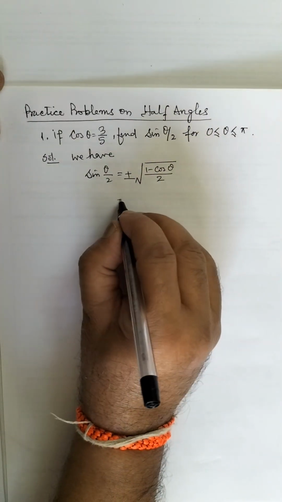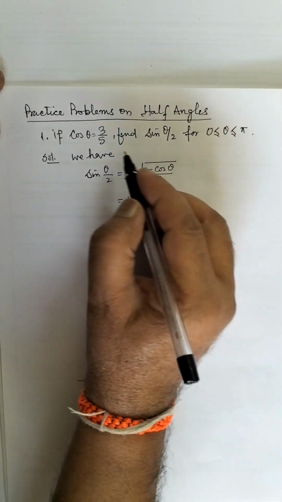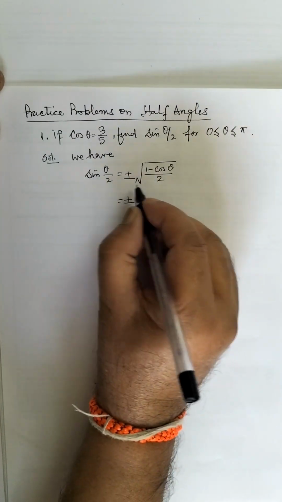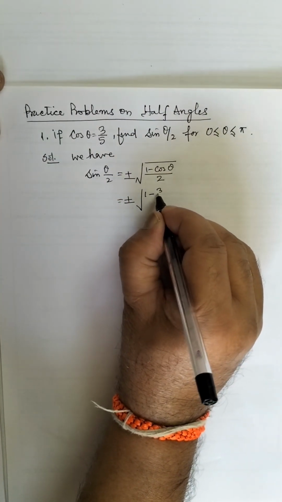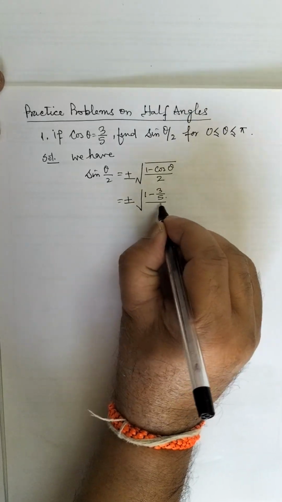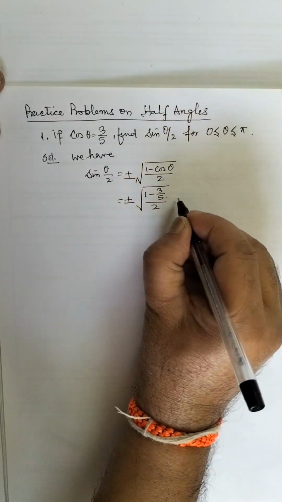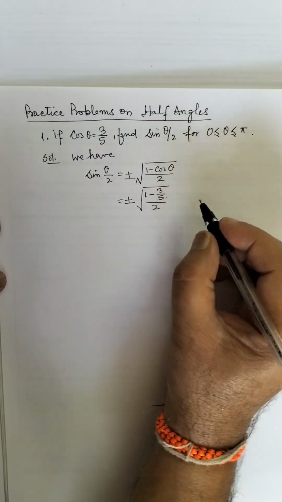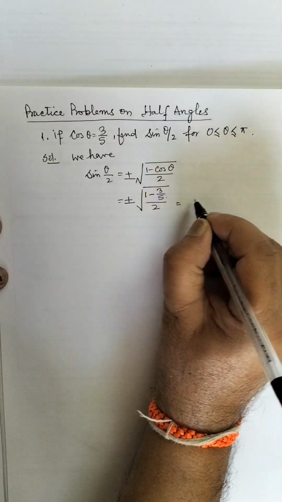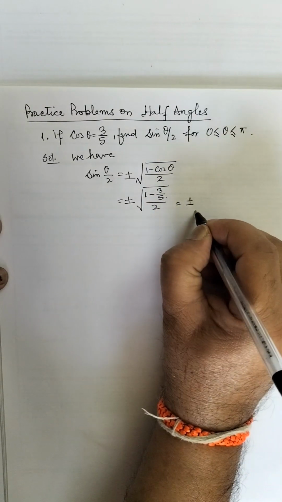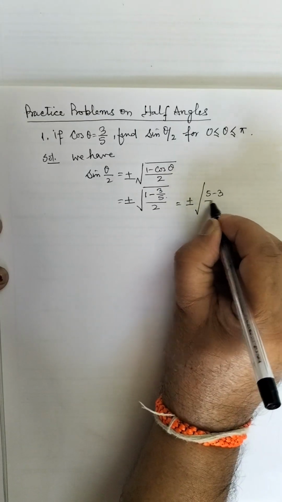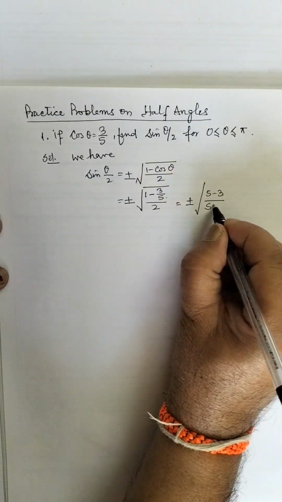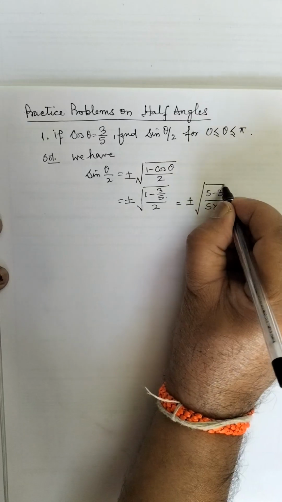Let me just put the values because I know cos theta is 3 by 5. 1 minus 3 by 5 on 2, and we will simplify this as plus or minus 5 minus 3 by 5, and this is in denominator, so multiply.